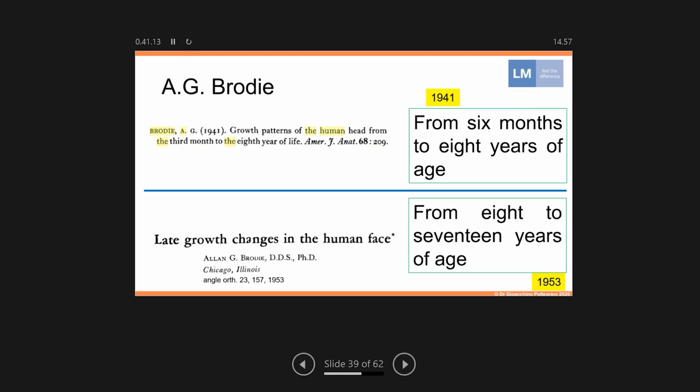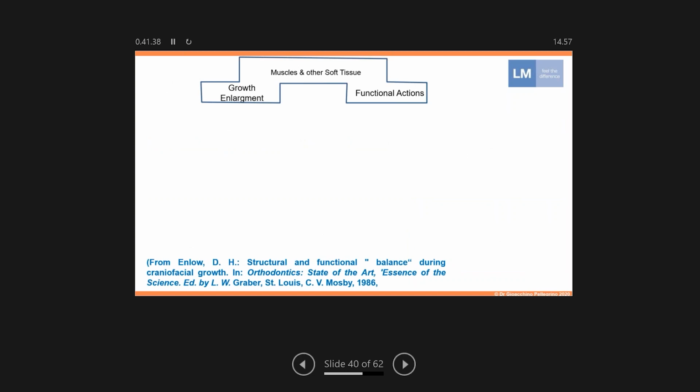We can see that from 6 months to 8 years of age, we have some specific characteristics of the growth that change from 8 years of age to 17 years of age. And this is really very important, because it's the period in which the vertical growth phase is greatly reducing in amount, in rate.